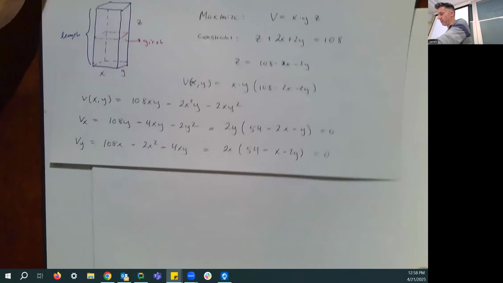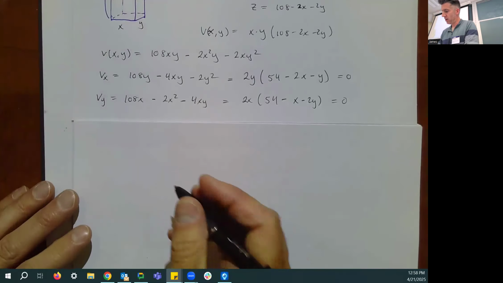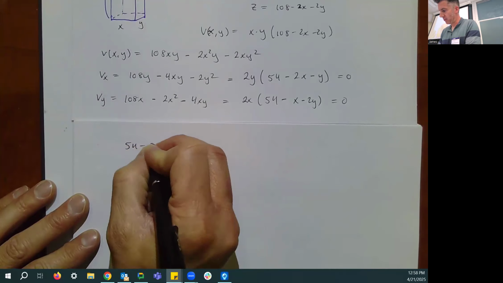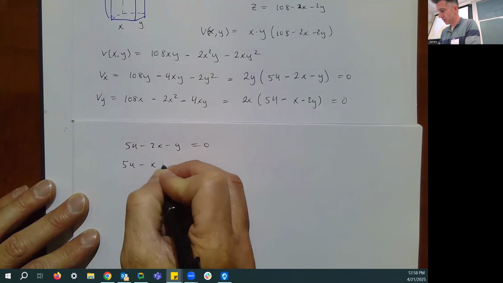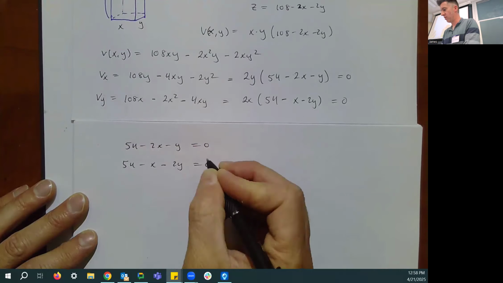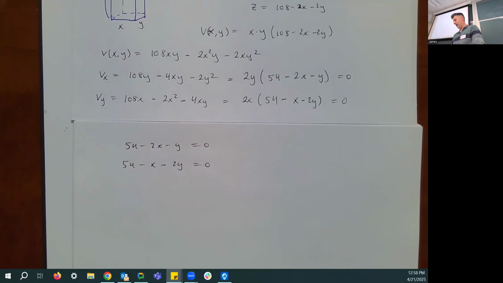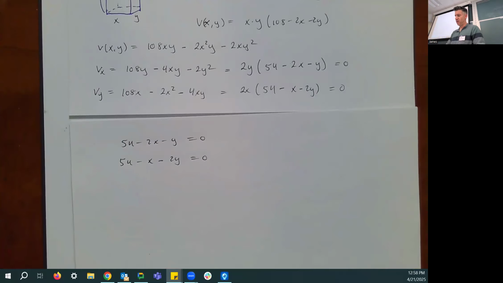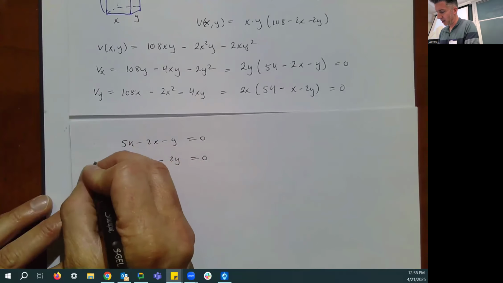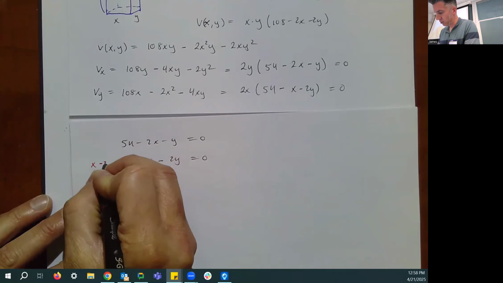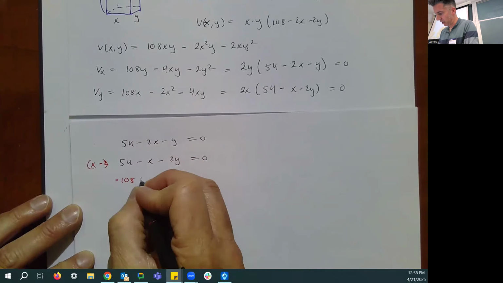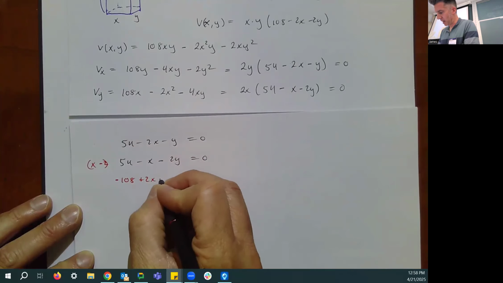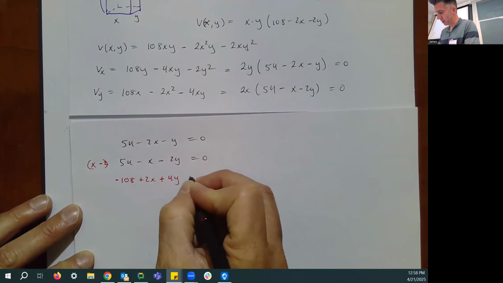So to do that, if we set each of these equal to 0, I'll solve this the other way. Even though you could totally isolate y or x really easily here, I really do prefer the elimination method. So if I multiply this equation by -2, I'm going to get -108 plus 2x plus 4y equal to 0.